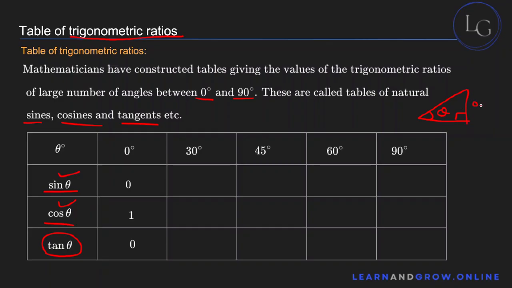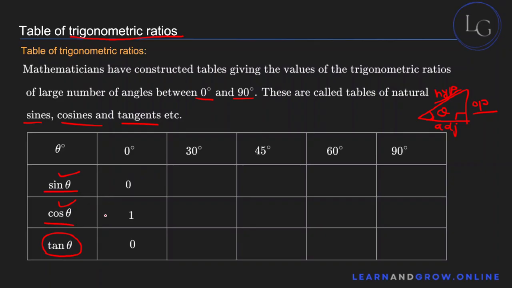This is the opposite side, this is the hypotenuse, and this is the adjacent side. Sine theta is basically, if you take the sine of this angle, opposite over hypotenuse, right? So if the angle is 0, obviously there will be no opposite side, which is why sine theta is 0.